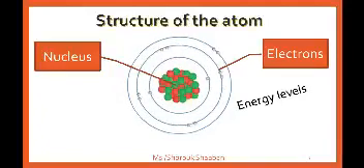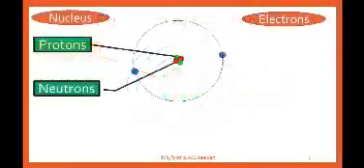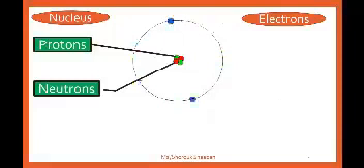Yes. Very good. Okay, again, in general, the atom has two parts: the nucleus and electrons moving around. If we focus inside this nucleus, we will find that it's made up of two things, protons and neutrons. What is the charge of each one of them?